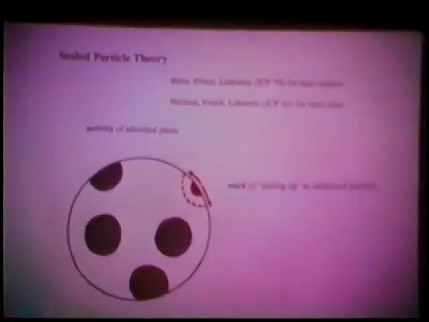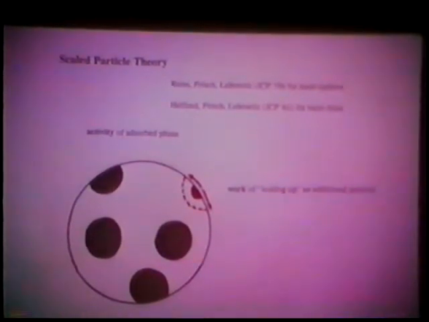Now, I don't want to go into very much detail on the mechanism of getting the activity, but what the calculation involves is imagining that we place a point in a fluid of the hard caps and expand this point, sort of scale it up. If we obtain the work of growing this additional particle, that is what scaled particle theory is, and this operation gives us the activity of the adsorbed phase.